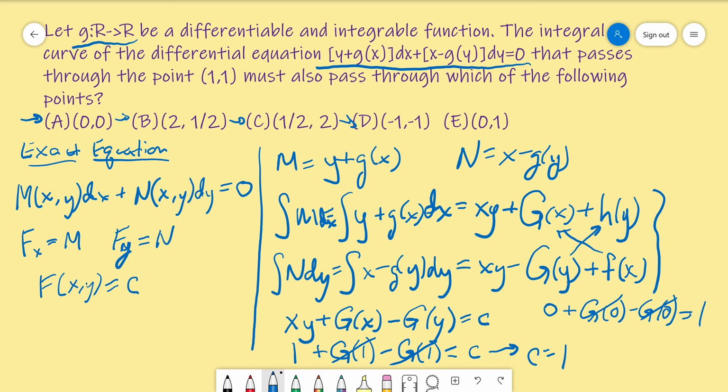Yeah, that works. So that answer does work. And then E doesn't work because you've got 0 times 1 plus big G of 0 minus big G of 1 equals 1, and we don't really know if that's going to work or not. So the answer here is D.